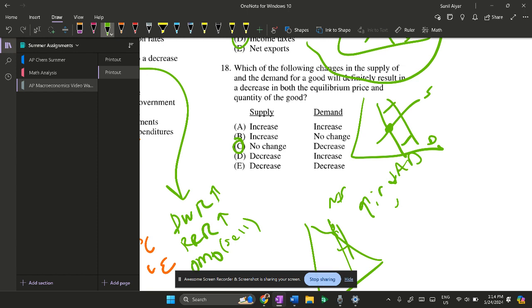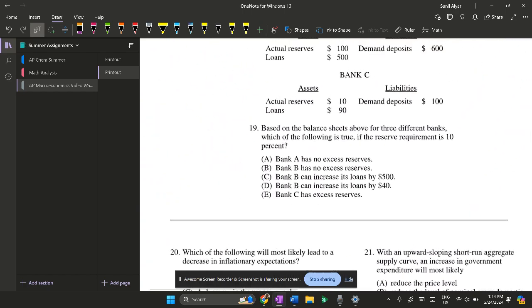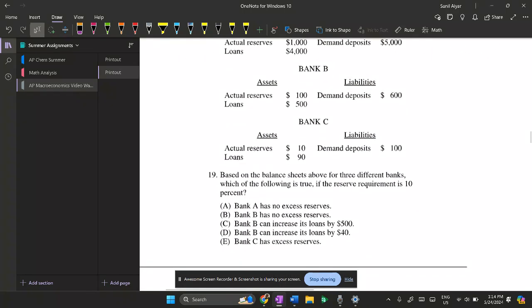And then if none of those are right, obviously try B and D. But I would say try one increase, one no change, and then one decrease. So try some different responses if you are planning on testing out every answer. Okay, so 19 here.